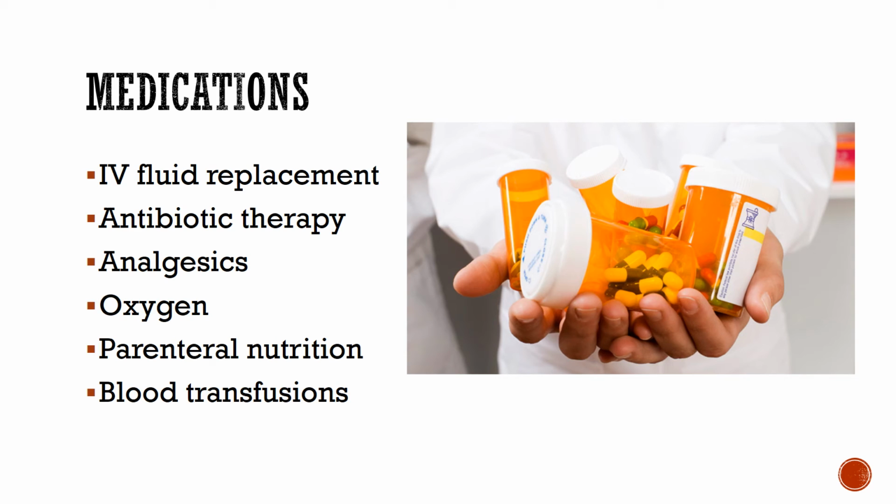Analgesics such as morphine are necessary for the pain often experienced when an appendicitis is occurring. Parenteral nutrition is often necessary because patients lack appetite before diagnosis and NPO status awaiting surgery. A blood transfusion may be needed if a patient's appendix is ruptured, which creates peritonitis and possibly causes sepsis.